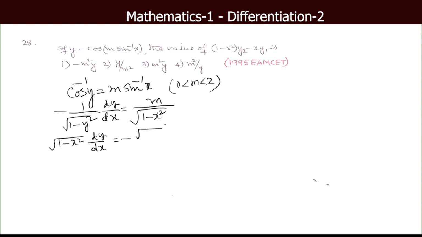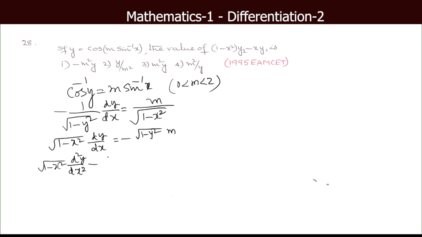minus m times root of 1 minus y square. Now, once again differentiate both sides with respect to x because of the presence of 1 minus x square. Root of 1 minus x square into d2y dx2 plus derivative of root of 1 minus x square. What is the derivative of root of 1 minus x square?